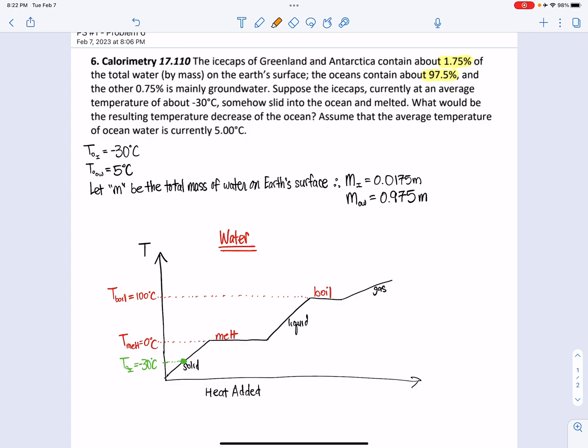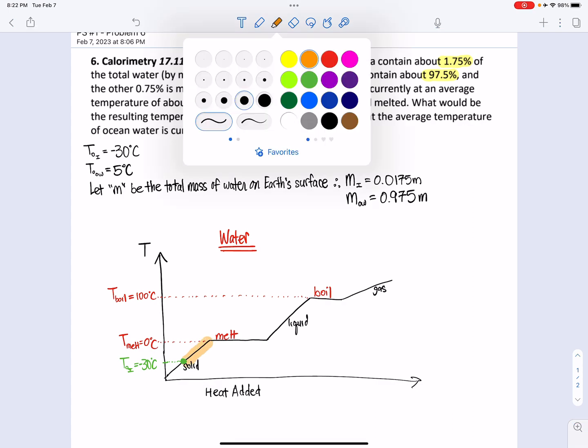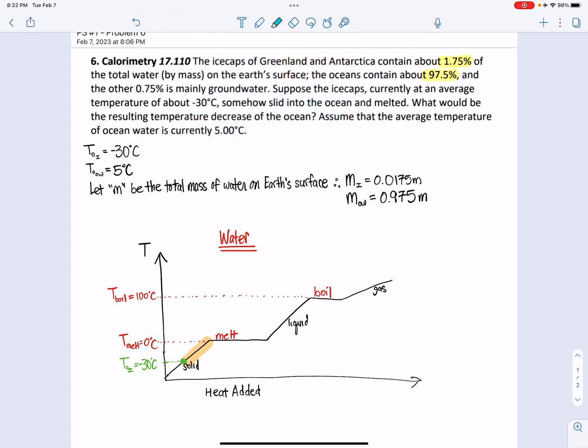So initially, the ice cap is at a solid phase, right? So the ice cap experiences a solid phase right here, that's for the ice. And then they also said that the ice cap somehow slid into the ocean and melted. So it melts.